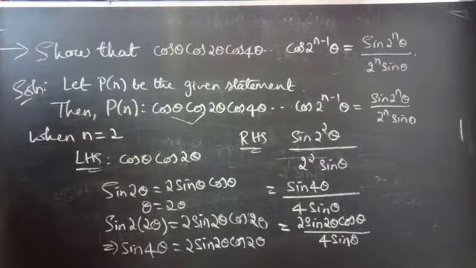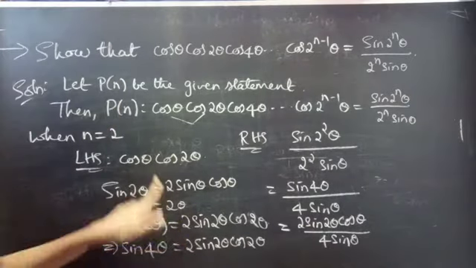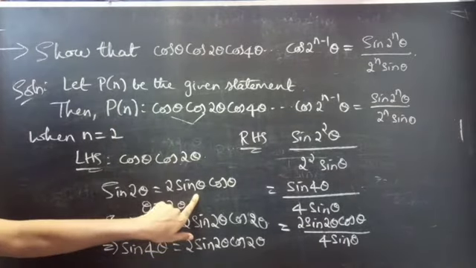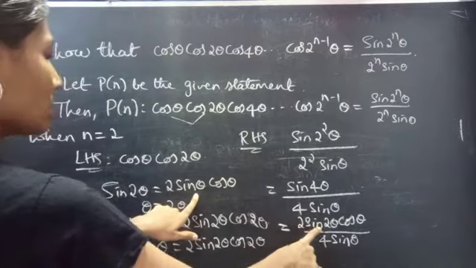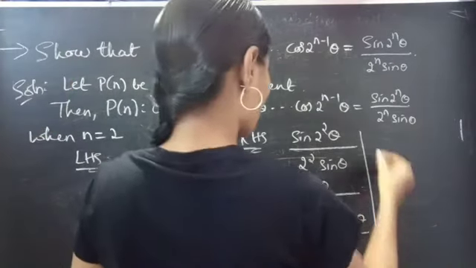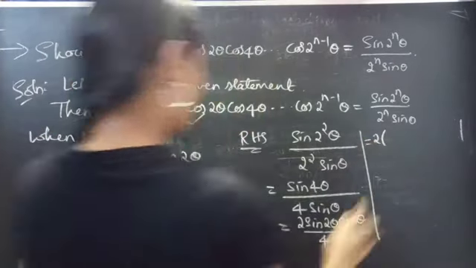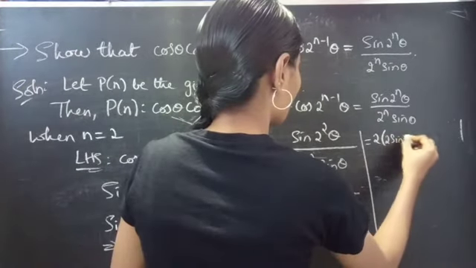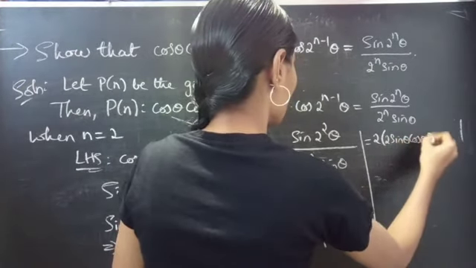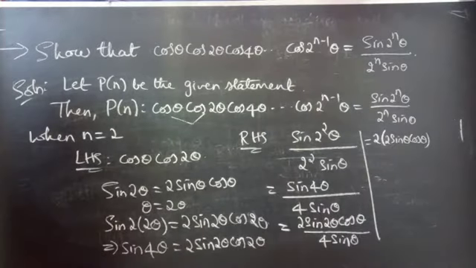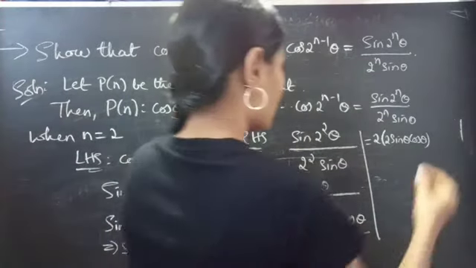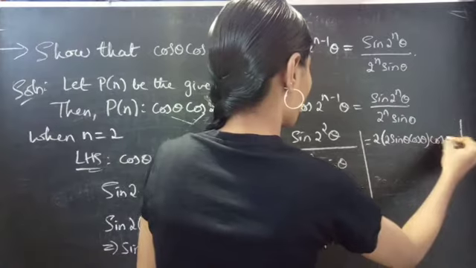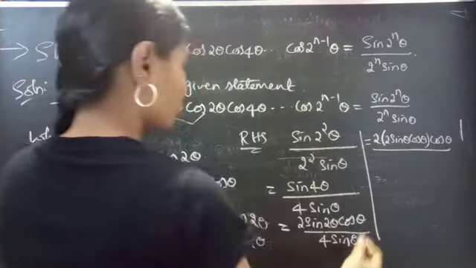Also we have sin 2 theta equals 2 sin theta into cos theta, so you can replace sin 2 theta. This is equals to 2 into, replacing sin 2 theta by 2 sin theta into cos theta, into cos theta by 4 sin theta.